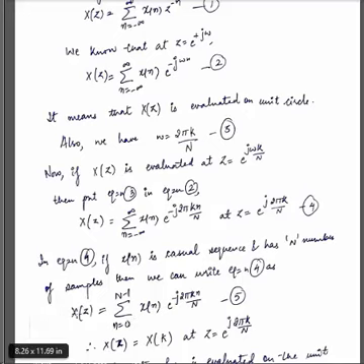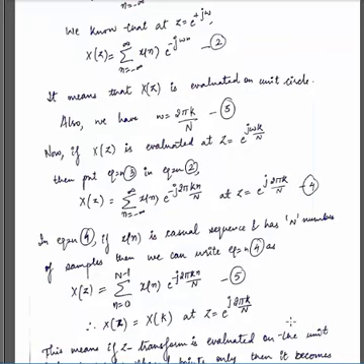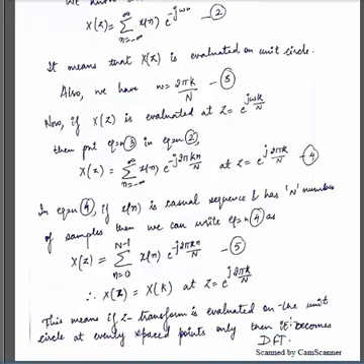Therefore x of z is equal to x of k at z is equal to e raised to power j 2 pi k by n. Therefore Z transform is equal to DFT, but z is equal to e raised to power j 2 pi k by n. So this means if Z transform is evaluated on the unit circle at equally spaced points only, then it becomes DFT.